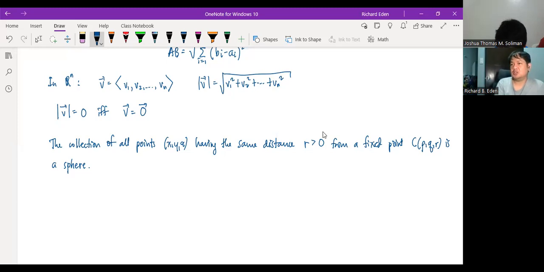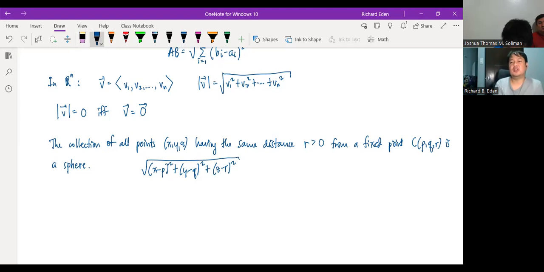Now, the equation of a surface or a curve is an equation which describes what the coordinates must satisfy to belong to this surface or this curve. And what we see here is that if (x, y, z) has distance r from (p, q, r), then according to the distance formula, the square root of (x minus p) squared plus (y minus q) squared plus (z minus r) squared.